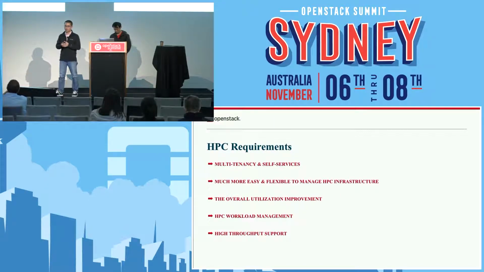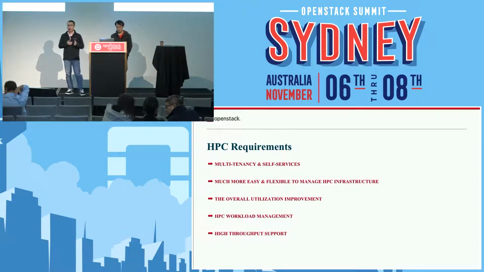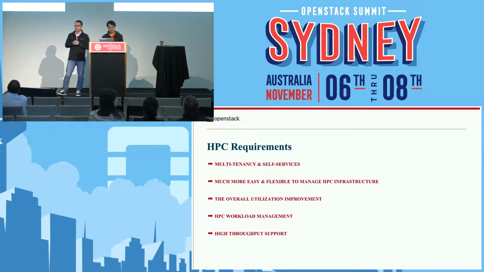And the fourth is how to manage the HPC workload, because different HPC workloads will require different binaries, or will require the optimized binary. So we have to provide the environment for different HPC workloads.